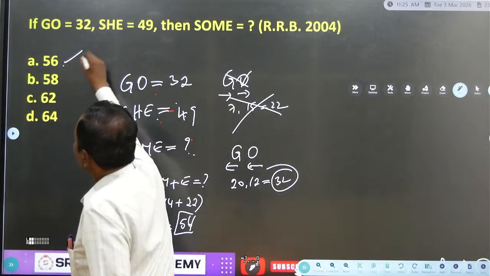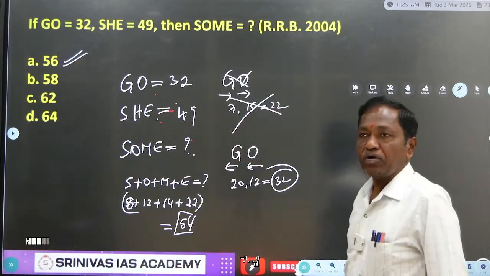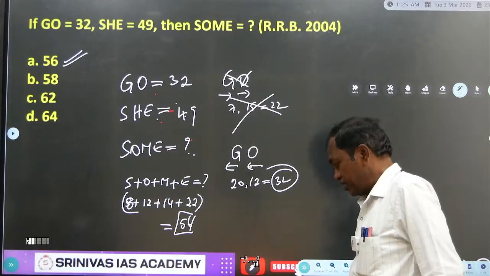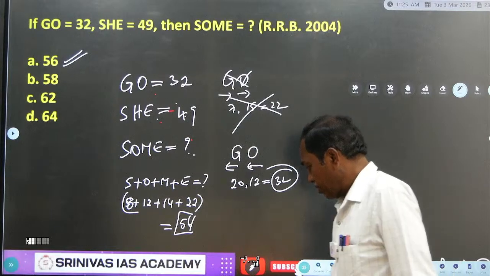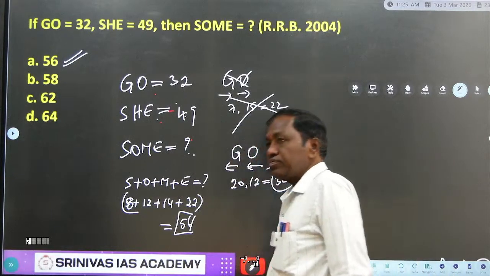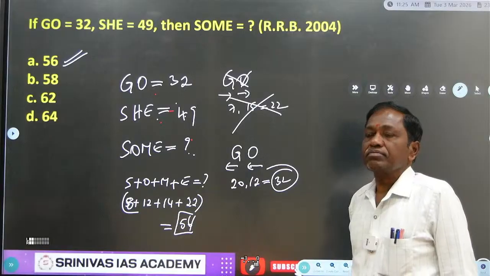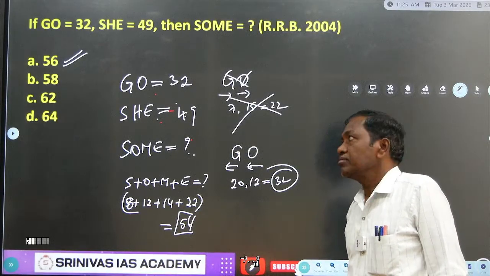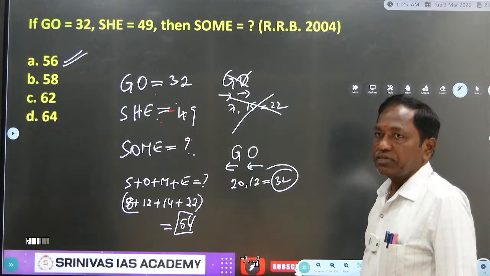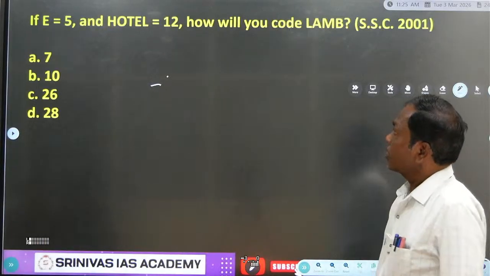The total is 56. I may be wrong, you check, go by correctly. Is that right? 56, option A. Next.